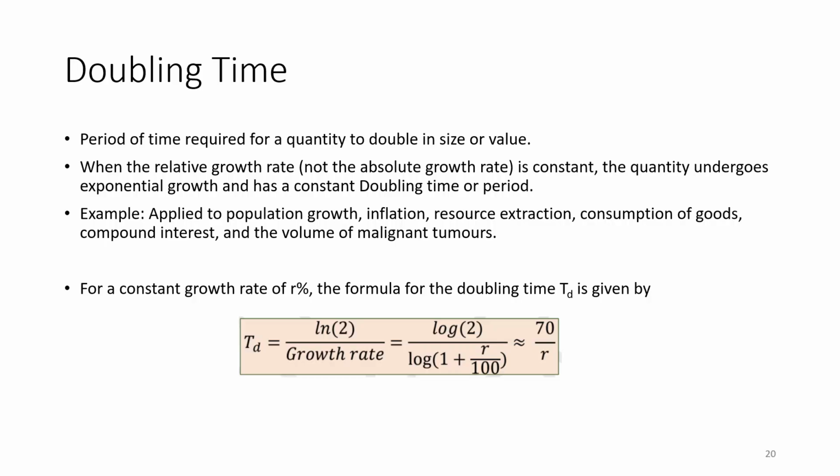Examples include applied to population growth, inflation, or resource extraction, consumption of goods, compound interest, and the volume of tumors. So for constant growth rate of R%, the formula for the doubling time TD is given by approximated at 70 upon R.